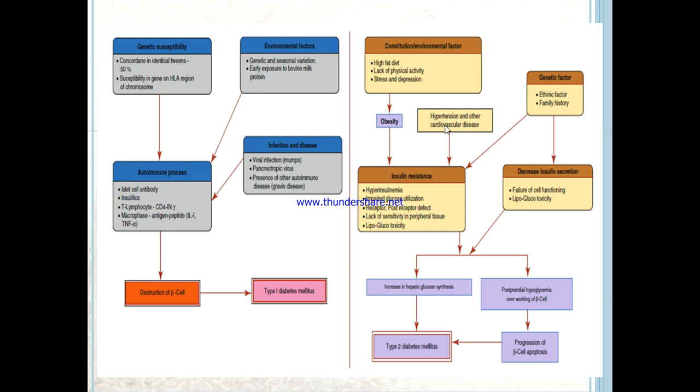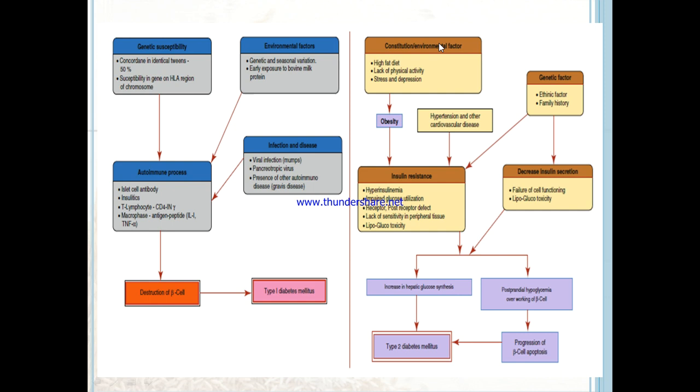In case of type 2 diabetes mellitus, it can occur due to decreased insulin secretion. Due to a number of factors, if there is a decrease in insulin secretion, of course it will hamper the effect of insulin, and that will increase the blood sugar level.